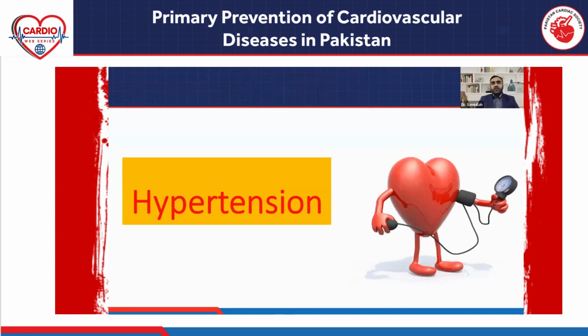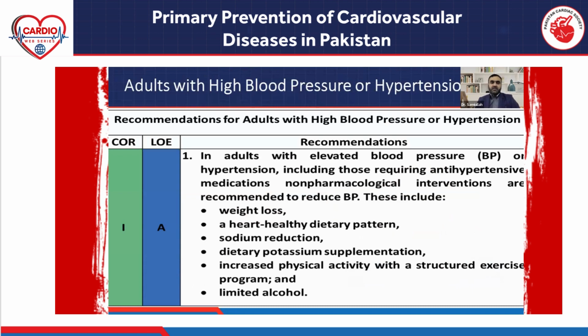Hypertension, another very important thing that needs to be considered in primary prevention. Those people who are having elevated blood pressure or hypertension, they require antihypertensive medications along with the non-pharmacological interventions.